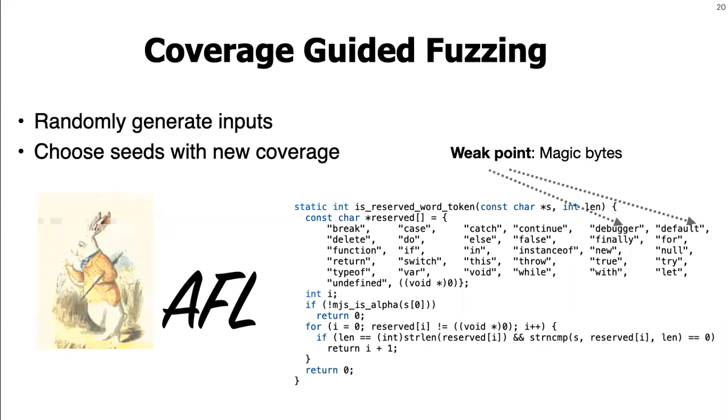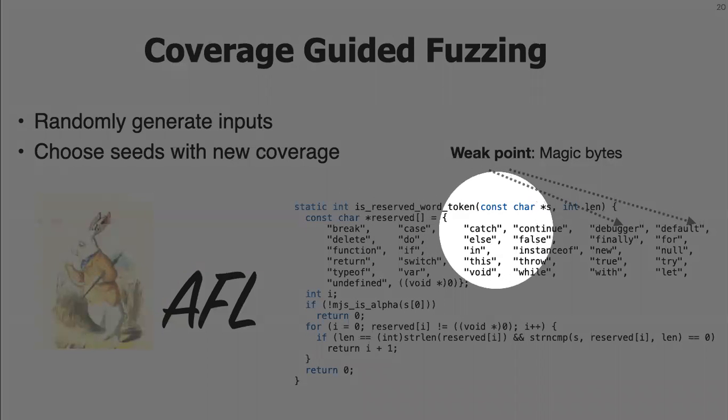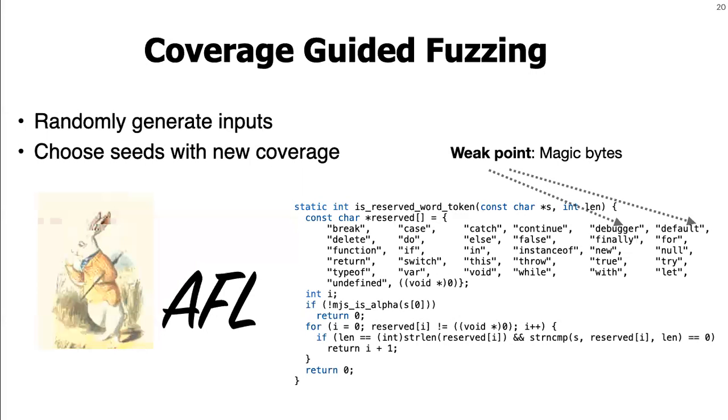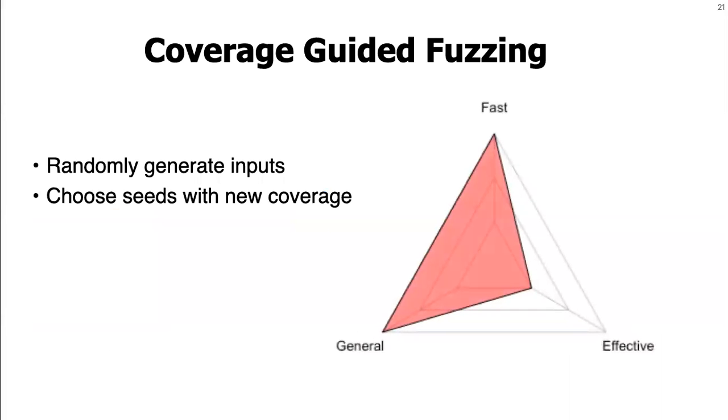For example, it is very hard to generate keyword values such as catch, continue, etc. by simple random generation. That is, coverage guided fuzzing is fast and general, but it is not effective against all programs. In particular, coverage guided fuzzing performs very poorly against parsers.